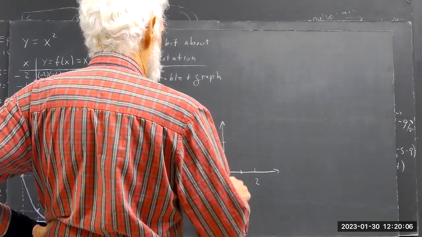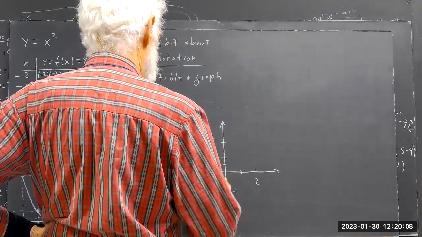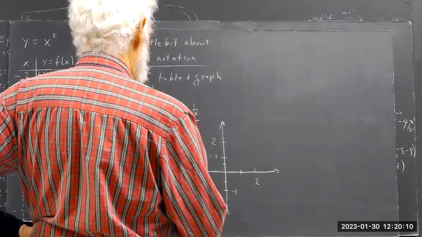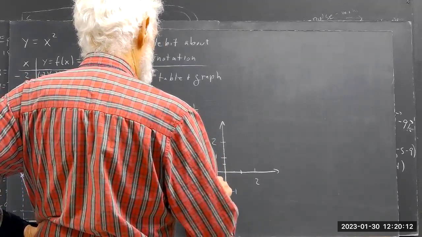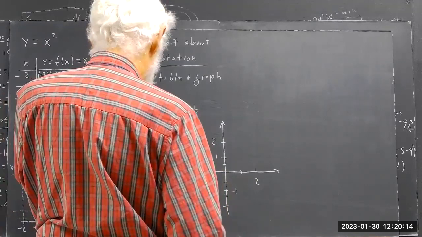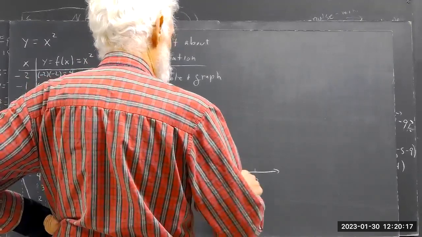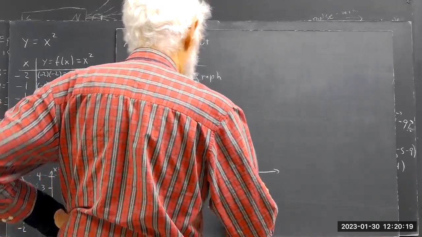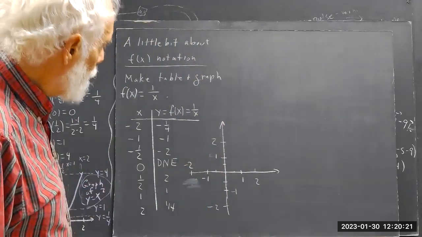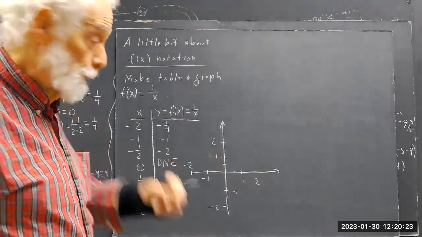There's -1. Here's 1/2. I'm going to put my -2 label up here. Put my -1 here. And my -1/2. Okay, so there's enough labeling on the graph that we can tell what we have.